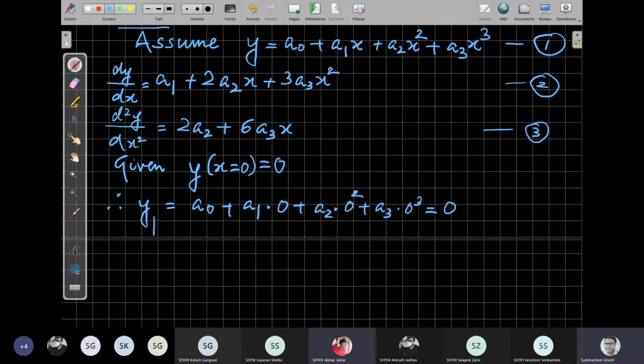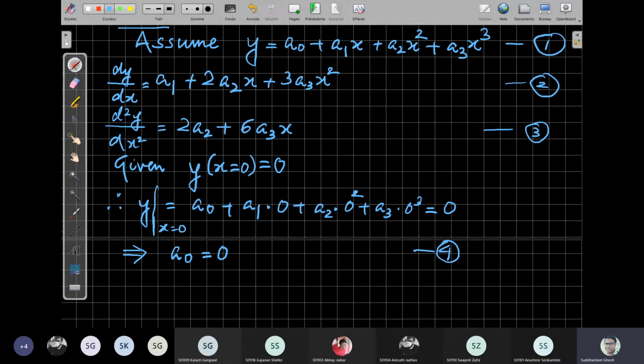Yes. So what does this mean? What is the meaning of this? It directly means A0 equals to 0. Okay, so I will put this as equation number 4. All right.